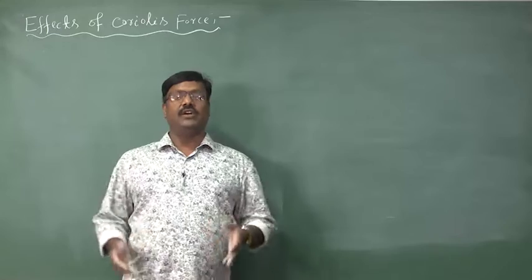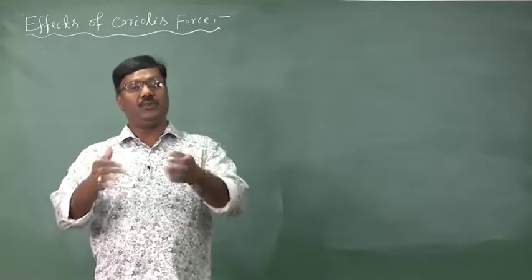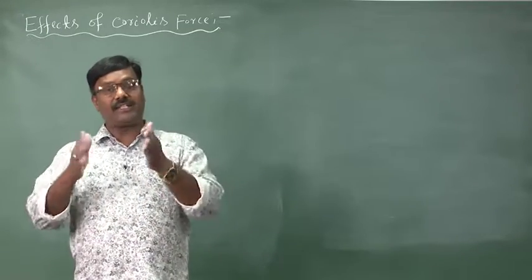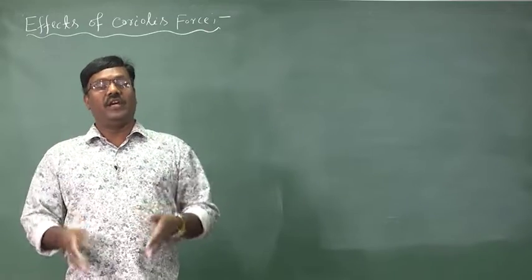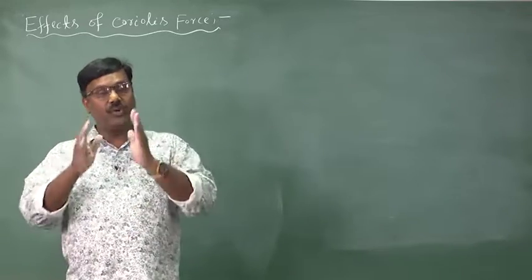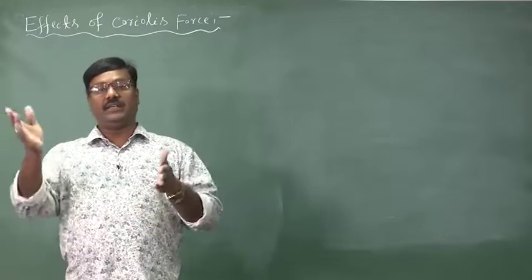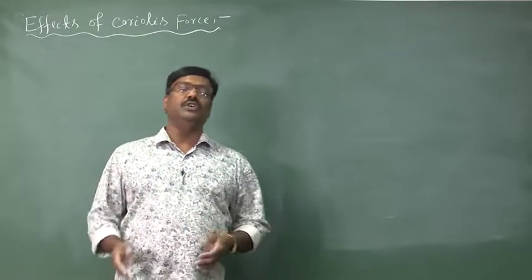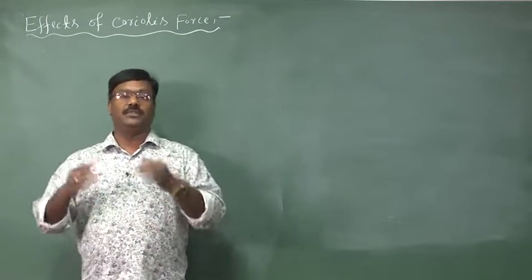All are based on the effects of Coriolis force, and the effect of severe cyclones, the formation of cyclone and the motion of cyclone towards its right are always due to the effect of Coriolis force.